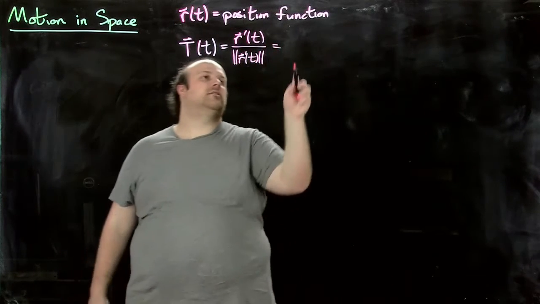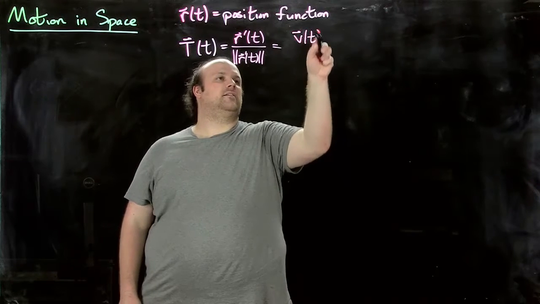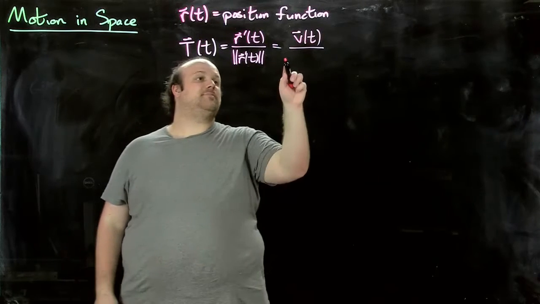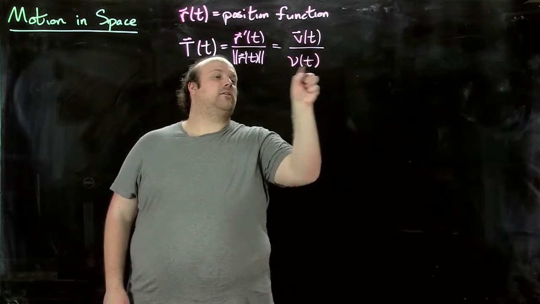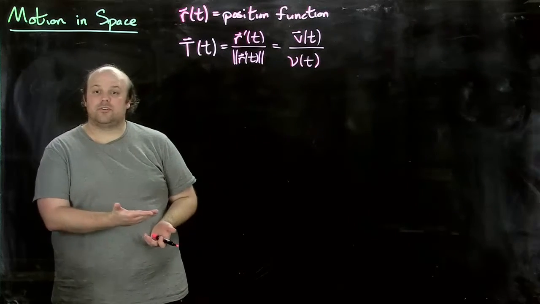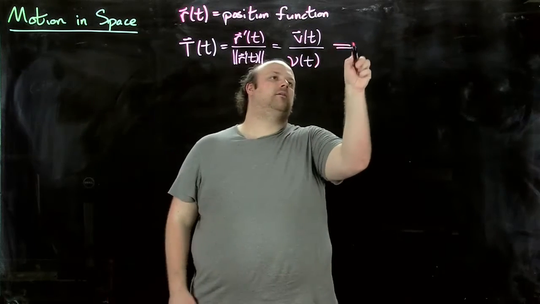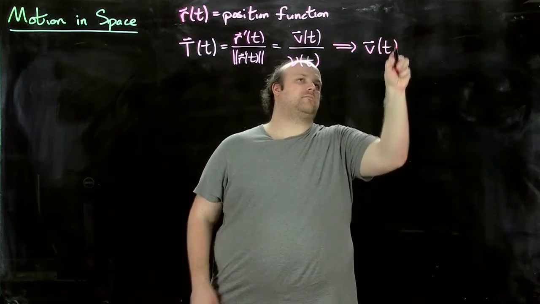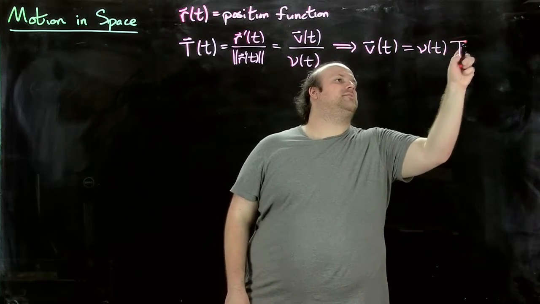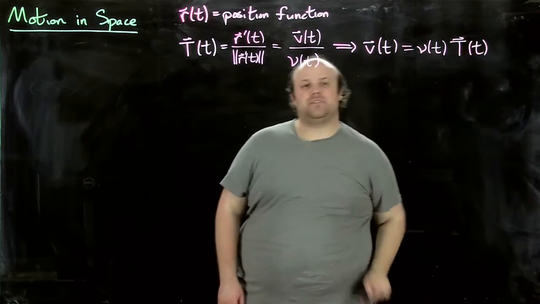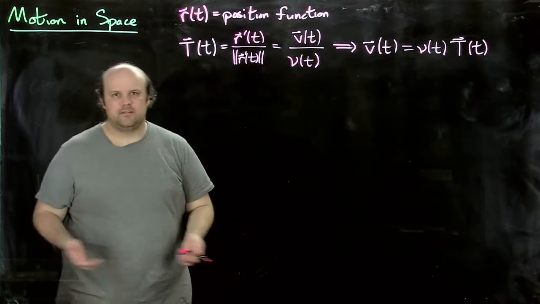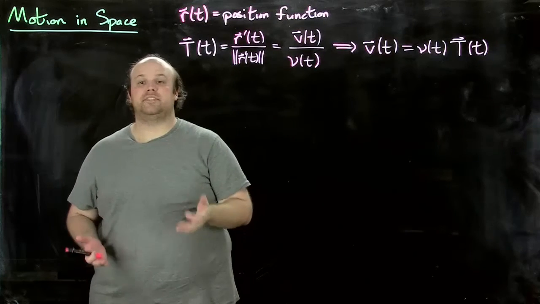Or in other words, that's the velocity divided by the magnitude of the velocity, which if you remember is just the speed, and we called that nu of t. So we already have a way to write the velocity in terms of these. So the velocity is just the speed times the unit tangent vector. And that's maybe not too surprising.